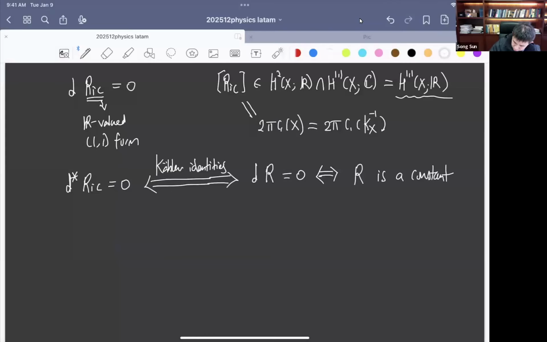So this is the so-called constant scalar curvature, abbreviated as cscK, a constant scalar curvature Kähler metric. So a Kähler metric has a constant scalar curvature if and only if its Ricci form is harmonic with respect to the metric omega itself.